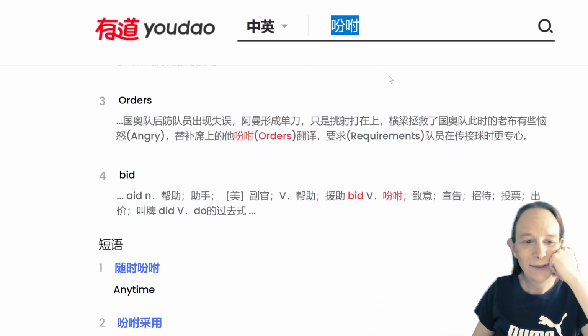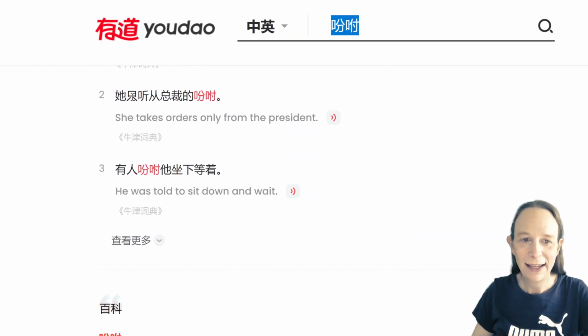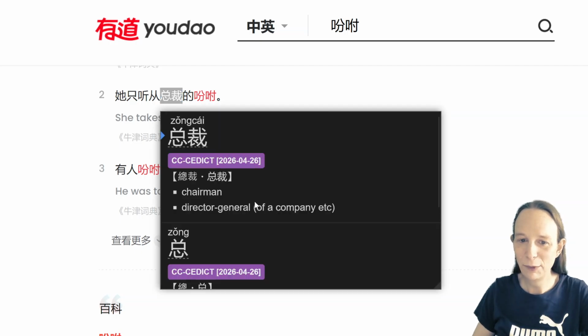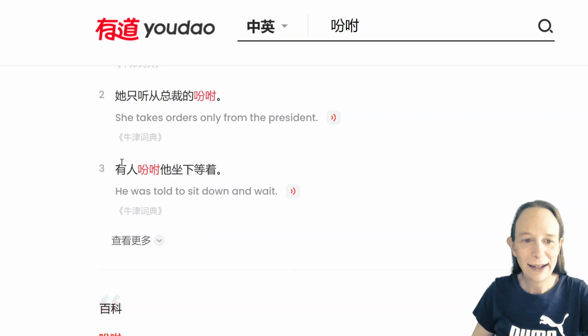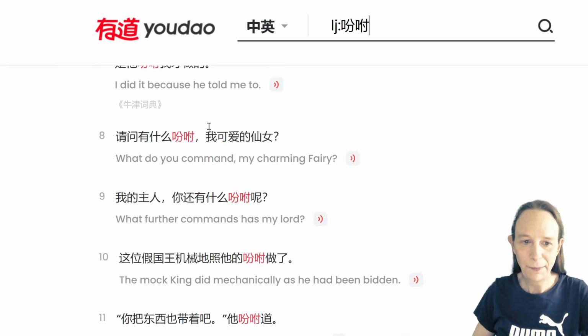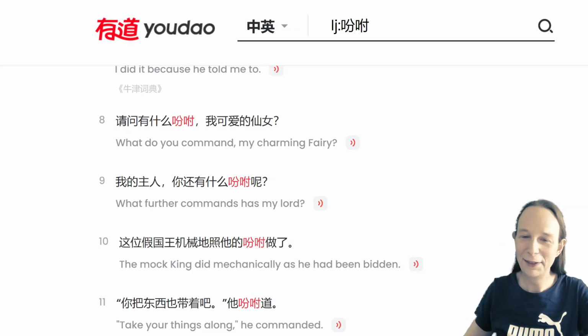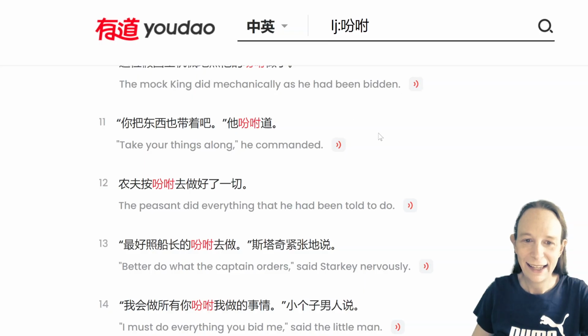Yeah, I'm not precisely sure how strong it is. I'm at your command. 大姐听从总裁的吩咐. Orders from the president. 总裁 is more like CEO or something. 有人吩咐他坐下等着. Yeah. I'm not sure if you'd use it for your mother unless you're being a bit sarcastic.